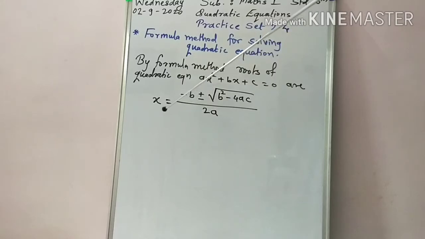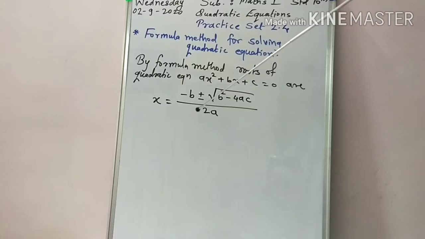So what is that formula? The roots of the equation, the value of x equal to what? As you observe here, minus b plus or minus under square root b square minus 4ac, divided by 2a, is the formula.